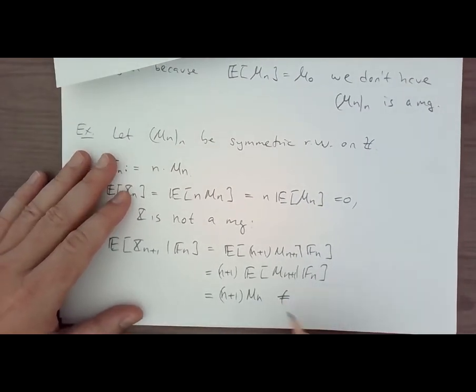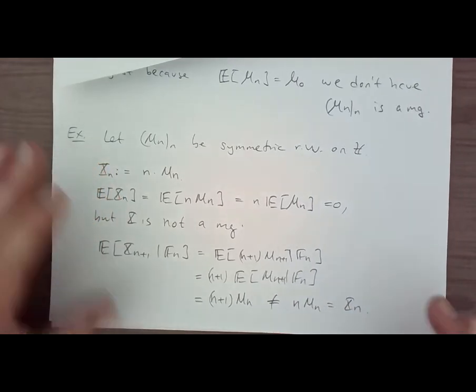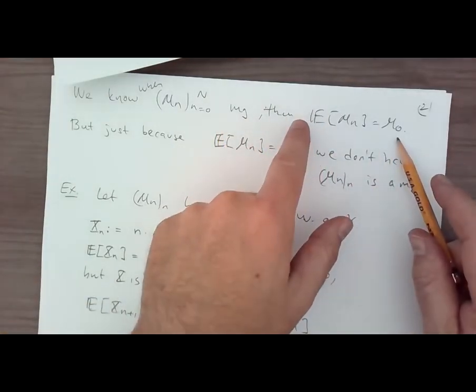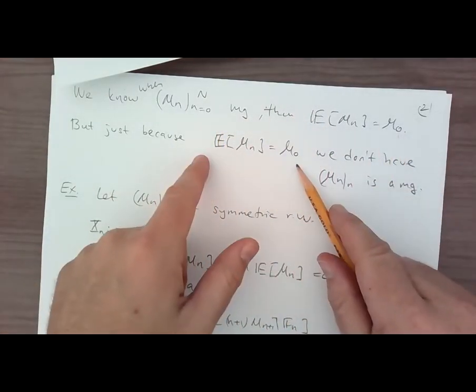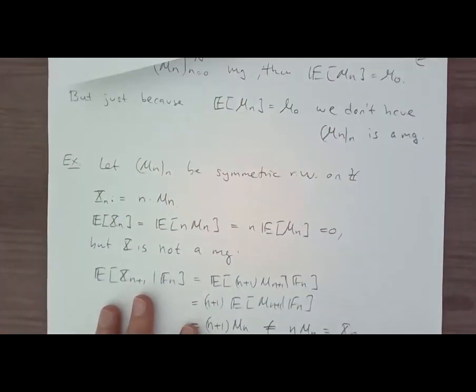But this is not the same as n M_n, which is my X_n. So if you are a martingale, you have this property, but just because you have that property, it doesn't make it a martingale. You need a lot more.